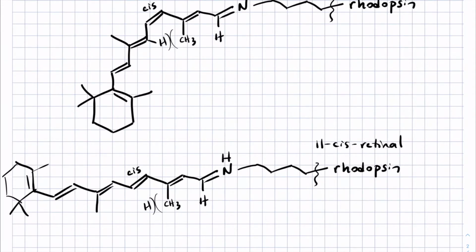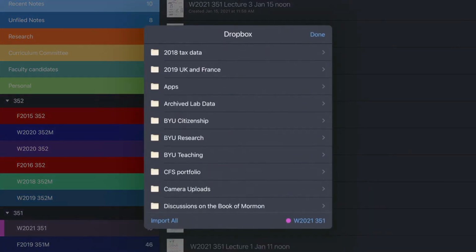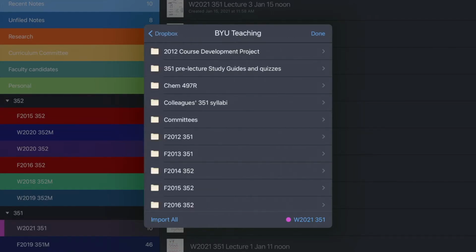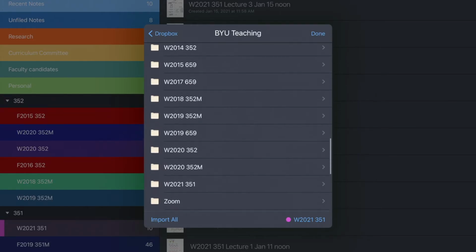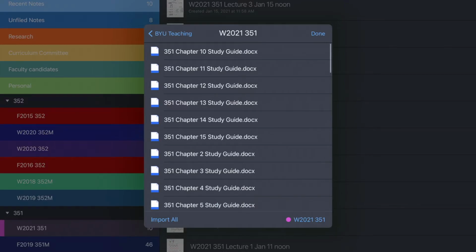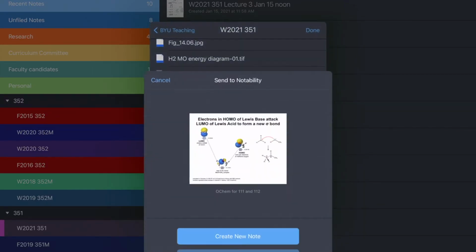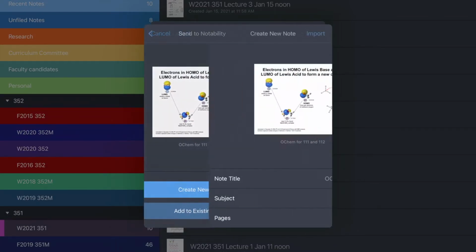So I'm going to import a set of slides that I made earlier based on MO theory calculations that give some examples of HOMO attacking LUMO. What I'm going to show you will make more sense if you've looked at the study guide already, but even if not, it'll be informative.